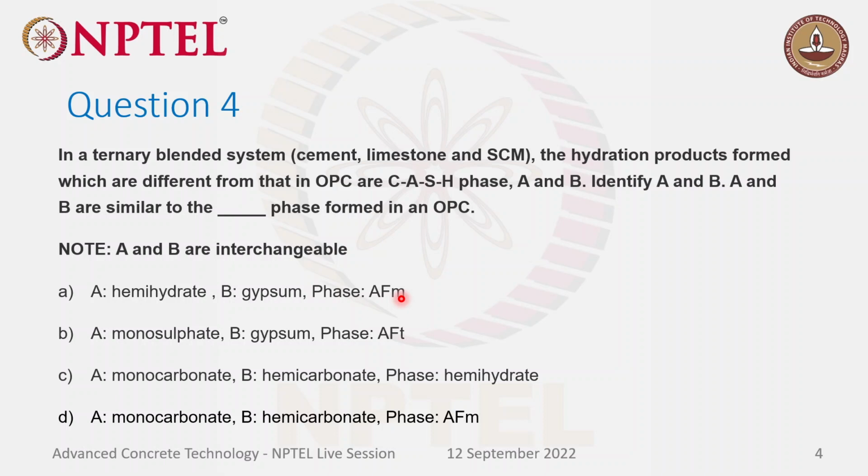You know that CASH is formed in the ternary blended system, but in OPC it's CSH. So similarly, you have to find what are the hydrates formed in the ternary blended system, which is similar to the phase formed in the OPC system. And there is a note that A and B are interchangeable.